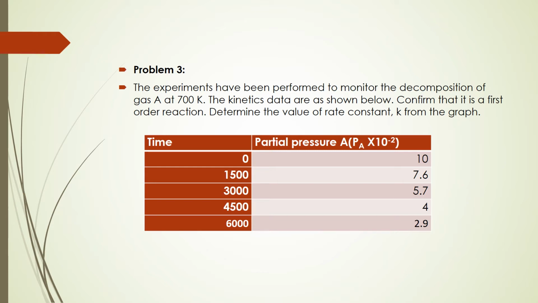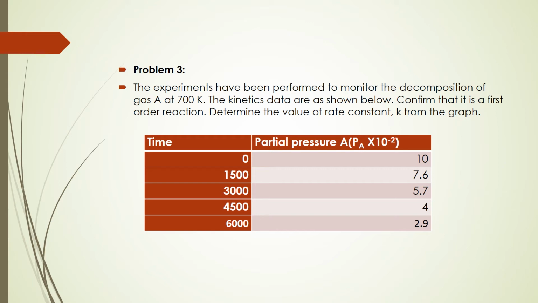The question tells you that this is a first order reaction, so you have to plot ln concentration of A over A naught versus t. It must be a straight line with a negative slope.